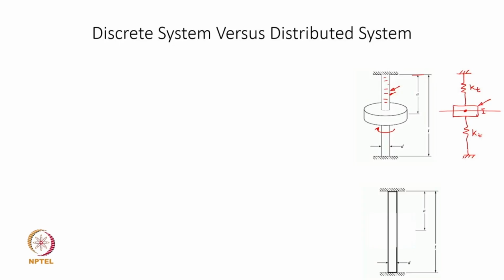For example, if I do not have a disk and there is only a shaft here which is spinning, and I am supposed to look at the torsional natural frequency of this shaft, I don't find any specific physical element here where I can lump the mass property.